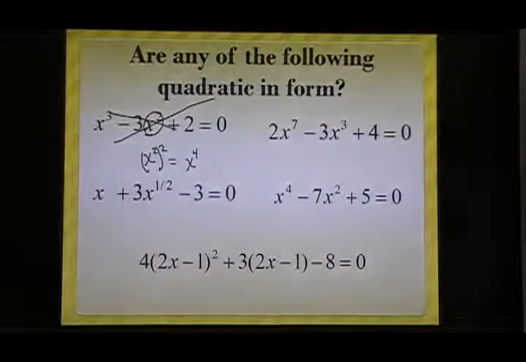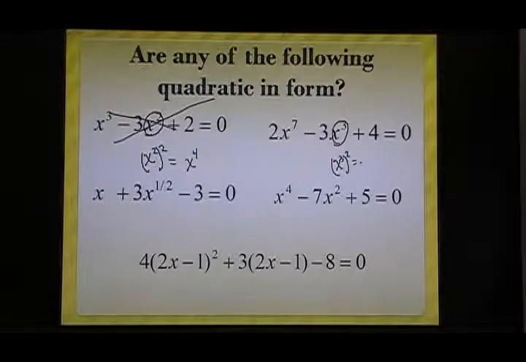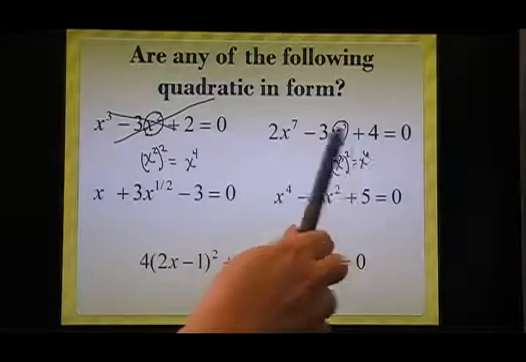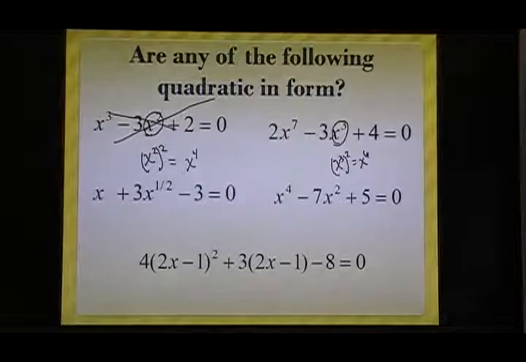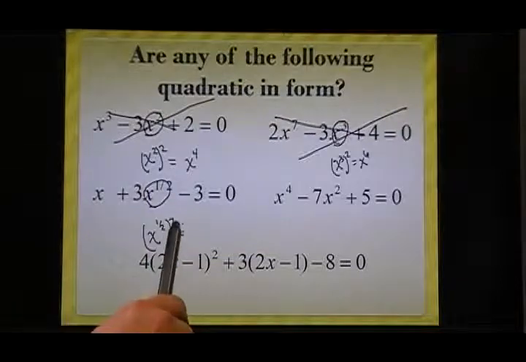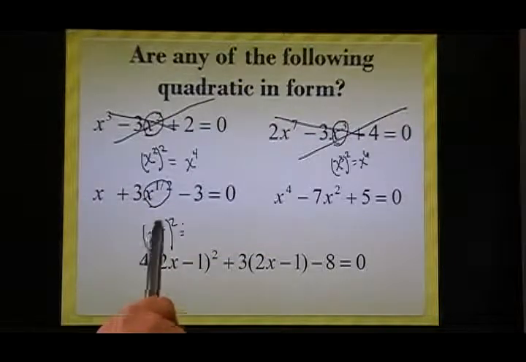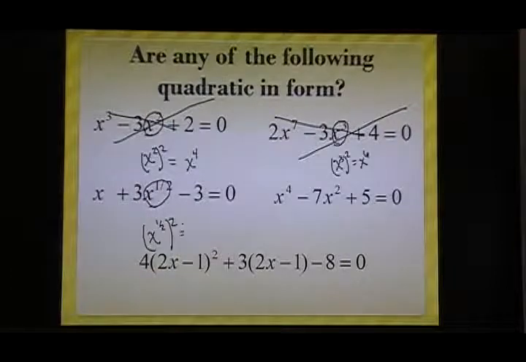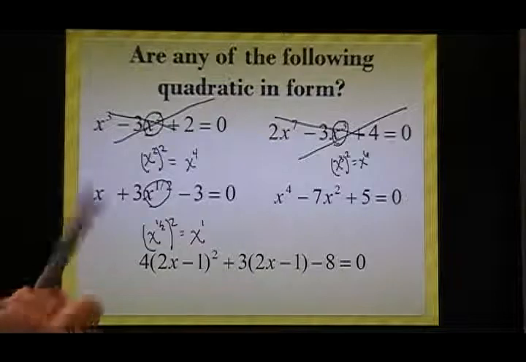Here, if I square x to the third, I get x to the sixth. That does not match, therefore this equation is not quadratic in form. Next one, if I take x to the 1/2 and square it, when we raise an exponential number to a power, we just multiply those powers together. 1/2 times 2 is just 1, and x to the first power is x.